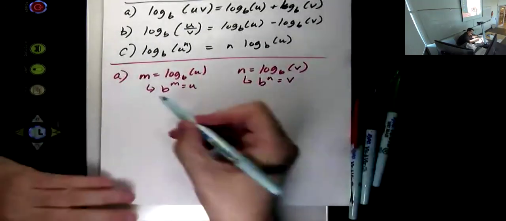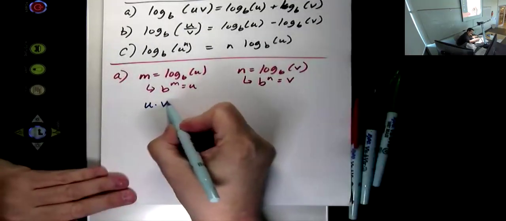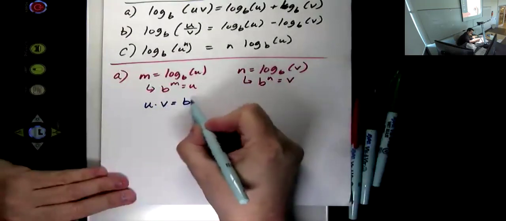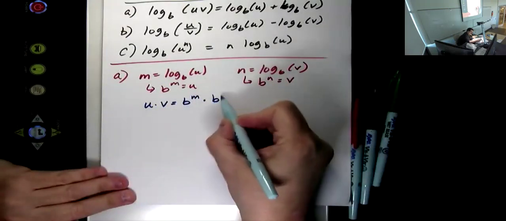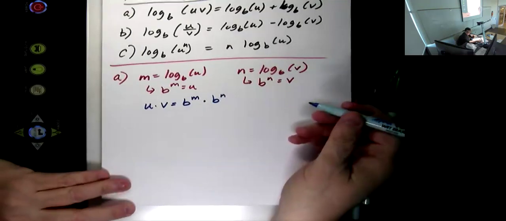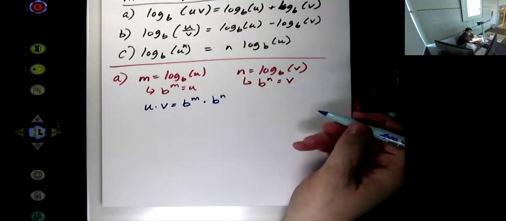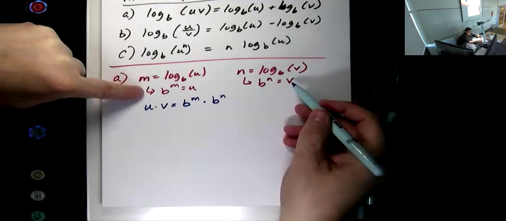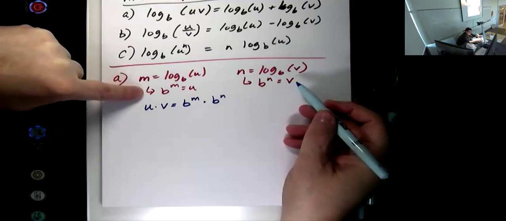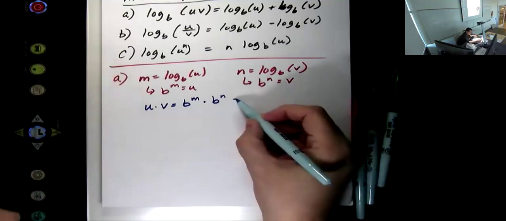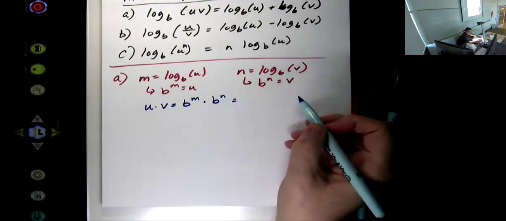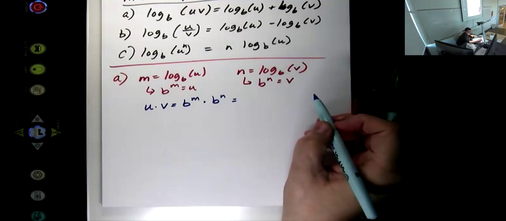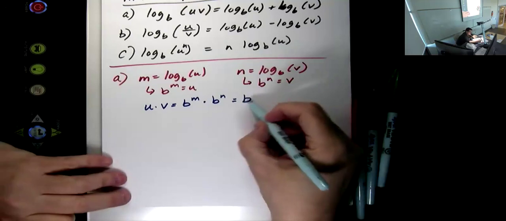We're going to look at what u times v is. u times v is b to the m times b to the n, just based on how we defined them. What can I do with the b to the m and b to the n? We can add the exponents together, that's correct.